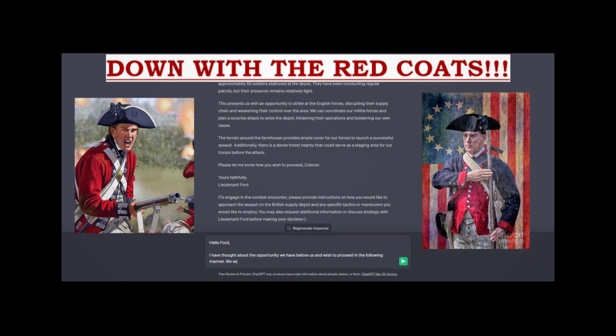I wish to stage 75 of these men within the forest and have a further 25 perform light raiding and goading attacks on the depot.